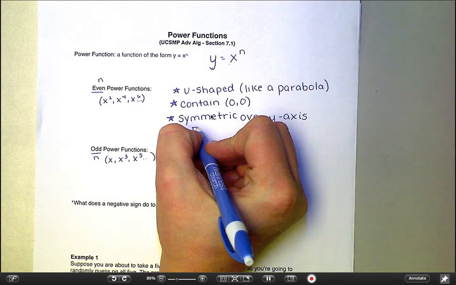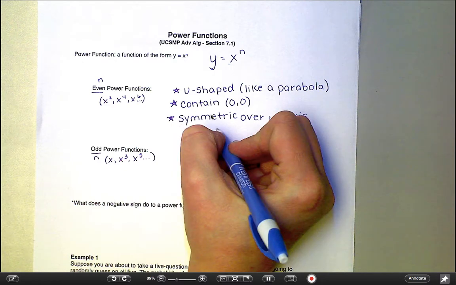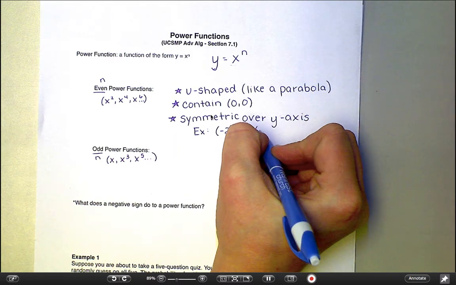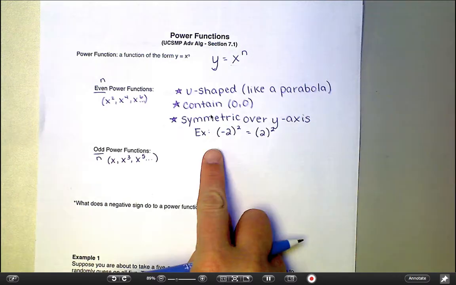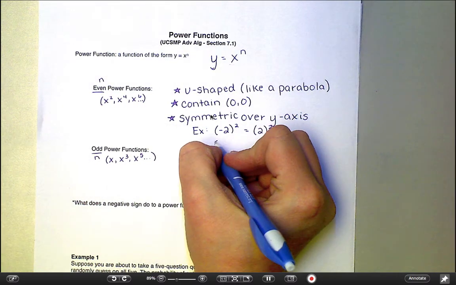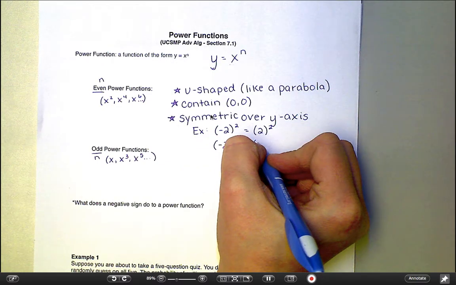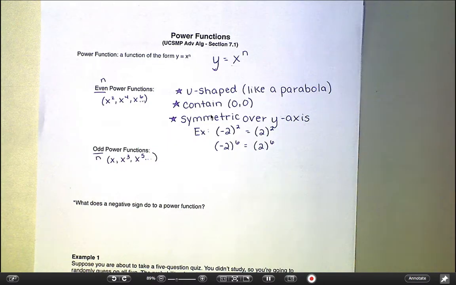So for example, (-2) squared is equal to (+2) squared. And I could do that with any of the even powers. So (-2) to the sixth is also equal to (+2) to the sixth. That's where that symmetry comes from. Okay? So that's what you need to know about even power functions.